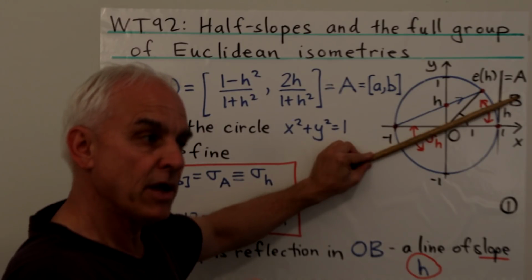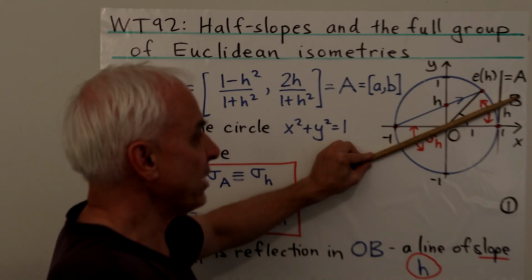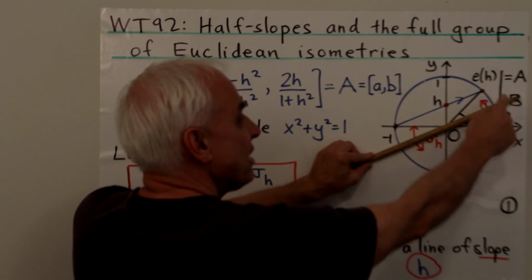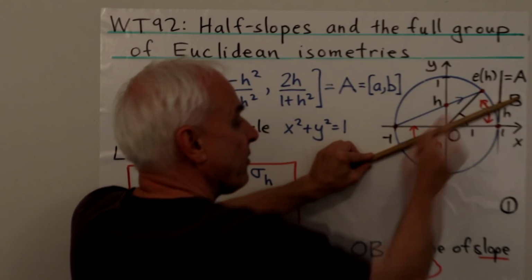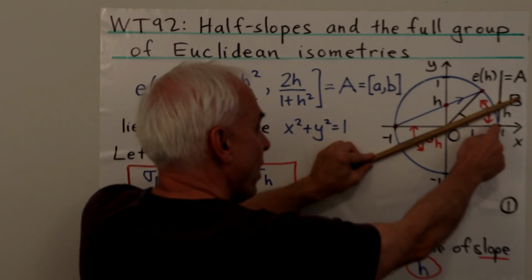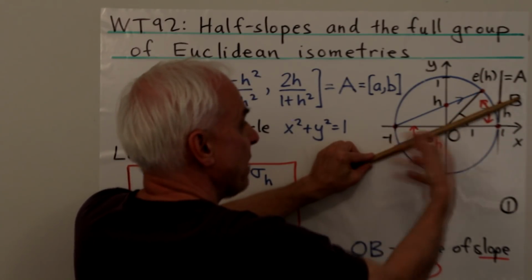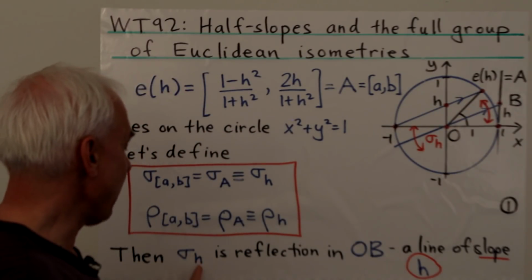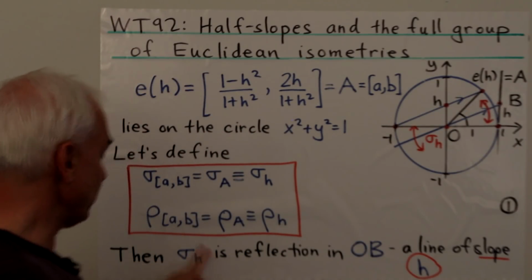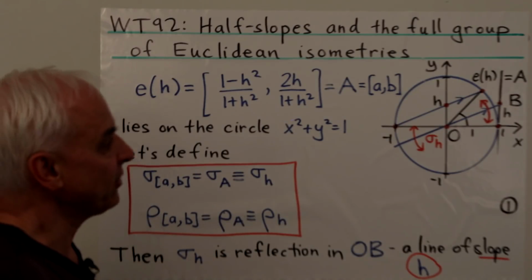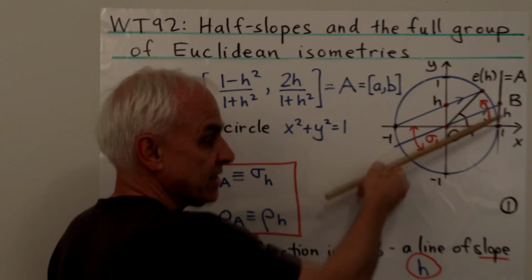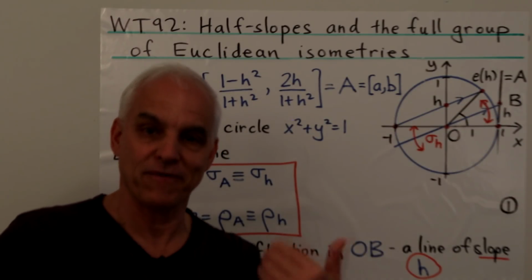So remember, we specified a reflection in terms of where the identity element, or the point 1, is sent to when we reflect. Okay? So if 1 is sent to there, then it's that point which specifies the reflection. And now we're seeing that this half slope h, which figures in this notation, exactly describes this line here, which is actually the axis of the reflection.